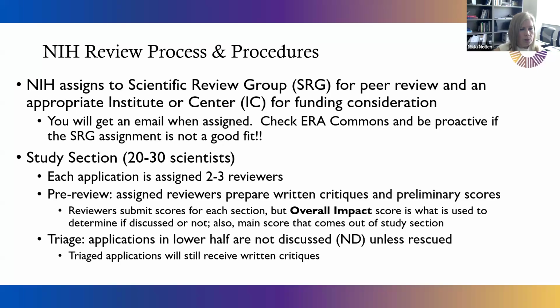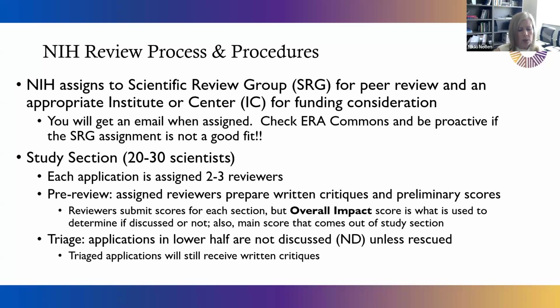The 2 to 3 reviewers are assigned as primary, secondary, and tertiary reviewer. All of those reviewers submit scores for each section, but they also assign an overall impact score. And it's that overall impact score that is used to determine if your application is discussed or not.